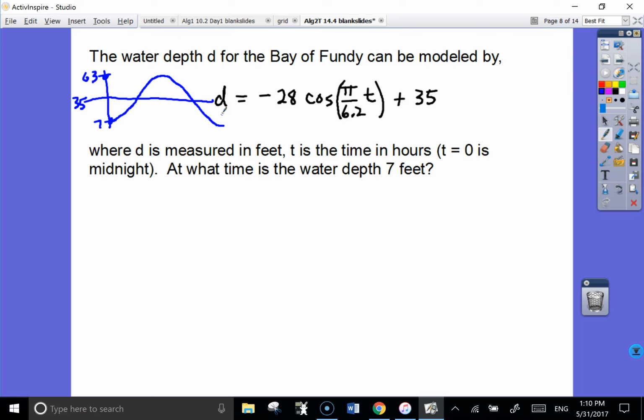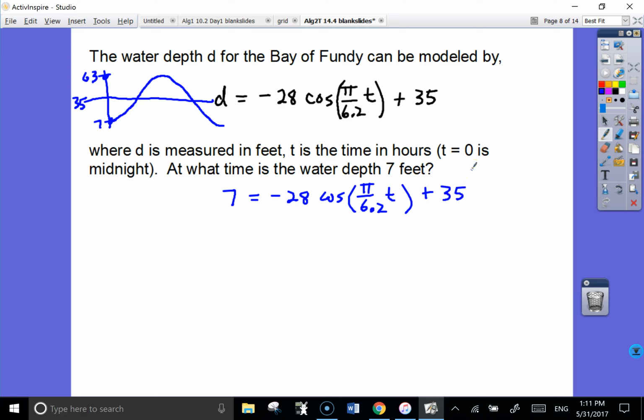So what are we supposed to do with that? Yeah, you have to substitute D equals 7 and solve for T. Okay, so we're going to say 7 equals negative 28 cosine of pi over 6.2 times T plus 35.